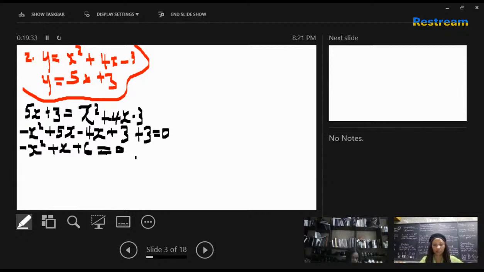Then what? After that, we multiply the two end terms: negative 1 times 6, which is negative 6. Which two numbers multiply to give negative 6 and add to give the middle term, which is 1?